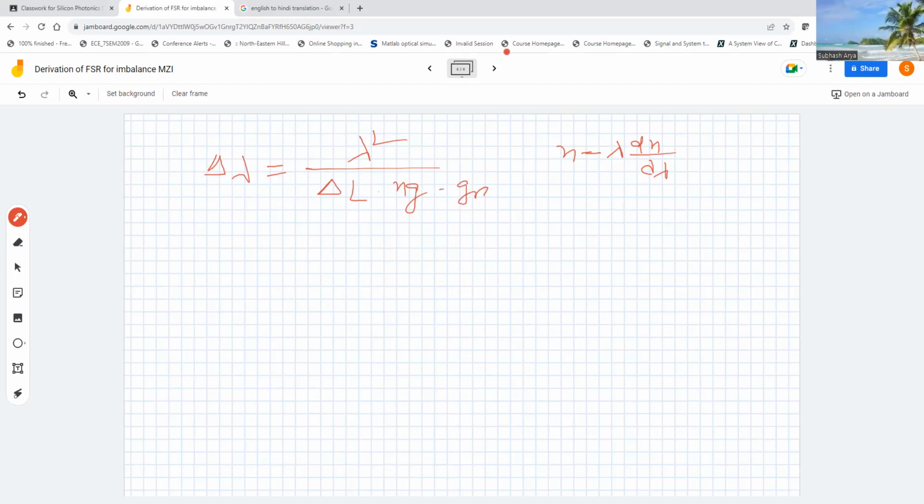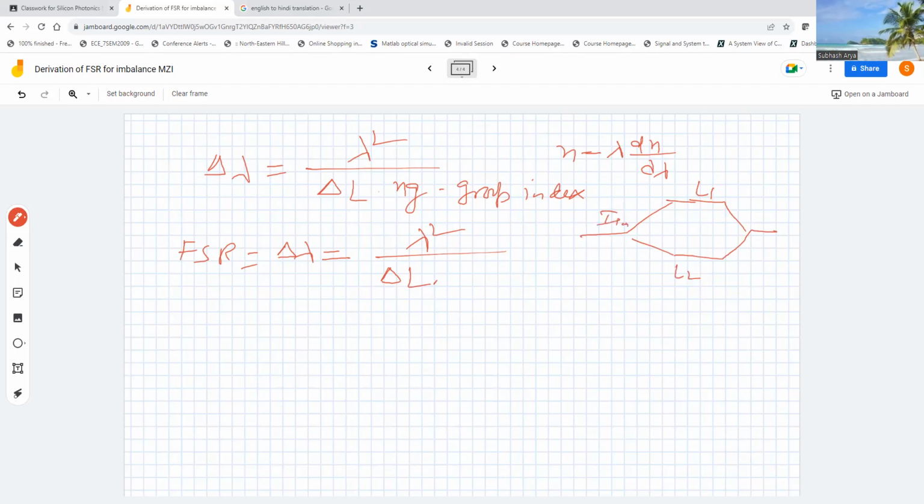So FSR, delta lambda, is equal to lambda square, the operating wavelength, divided by delta L, the difference between the two arm lengths L1 and L2, and multiplied by Ng, the group index, which is a material property.